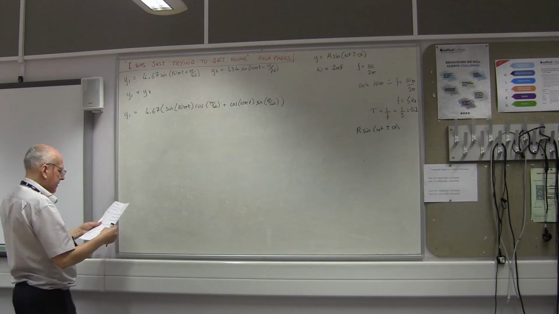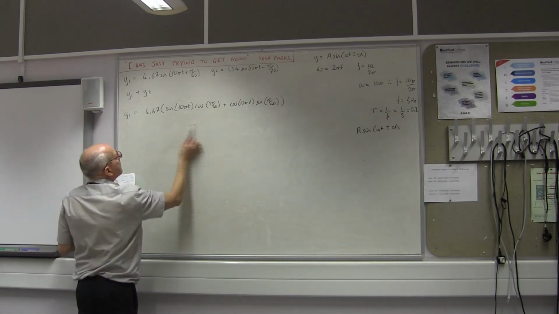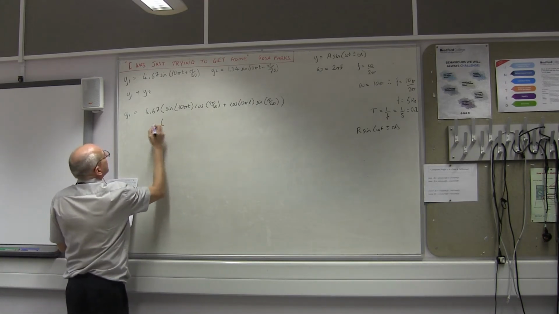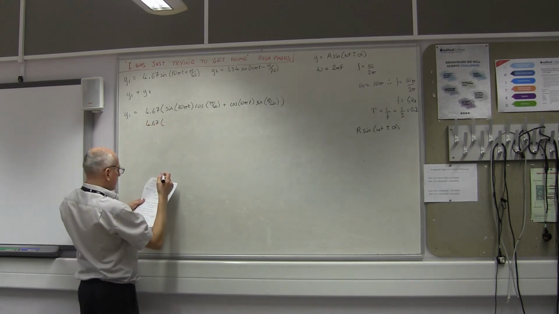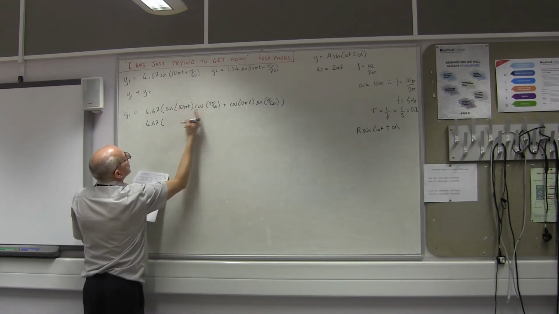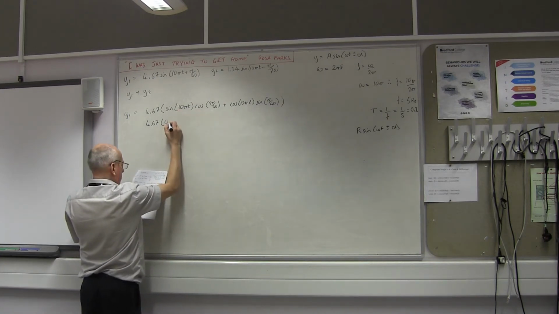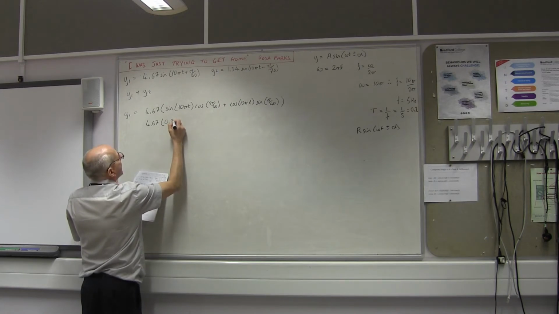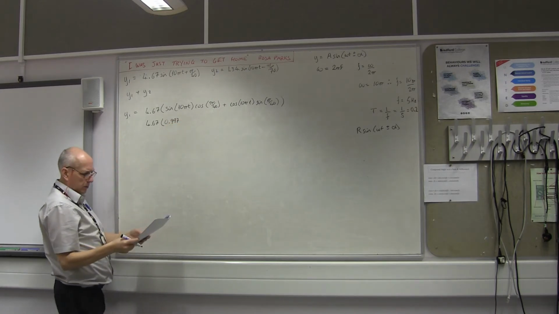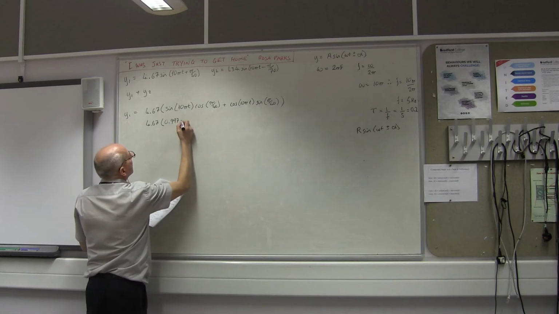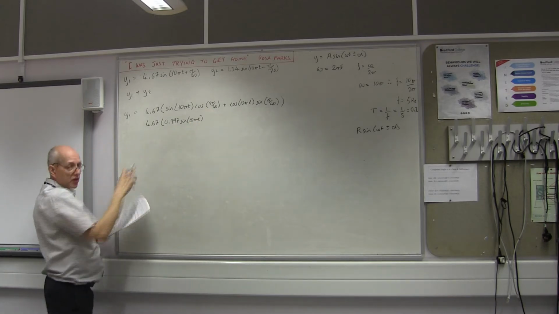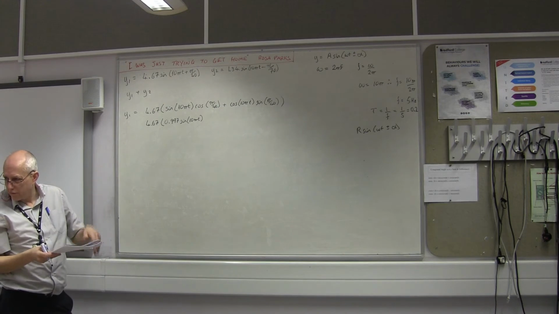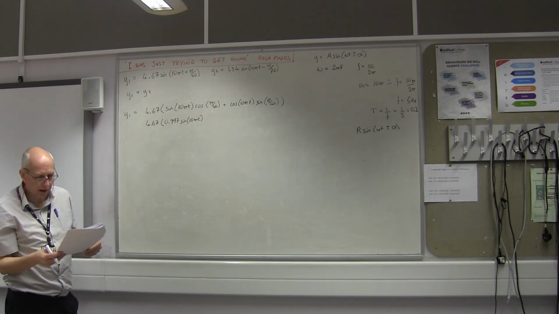So if I solve this one, I'm going to bring it to the front, so I will still have my 4.67 out front of the bracket, and then this one, put into my calculator, gives me 0.997, to 3 decimal places, and then sine 10 pi t. I've solved that by putting it in my calculator and brought it to the front, because that's standard procedure to put the numbers out front. It becomes an amplitude, doesn't it, really?